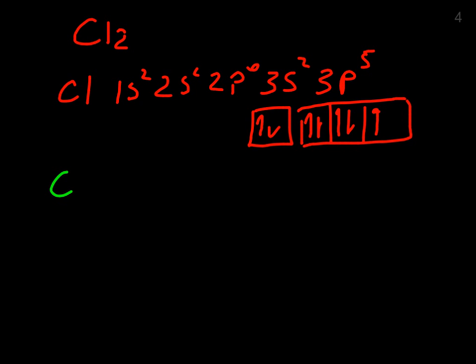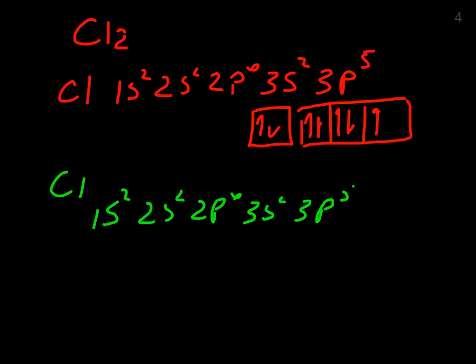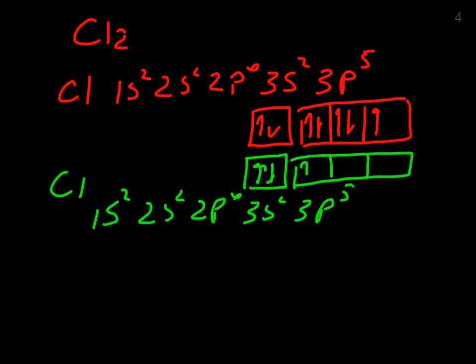If I drew another chlorine, being 1s2, 2s2, 2p6, 3s2, 3p5, it would have the s filled, would go to the p with 1, 2, 3, 4, and I'll put that one down.